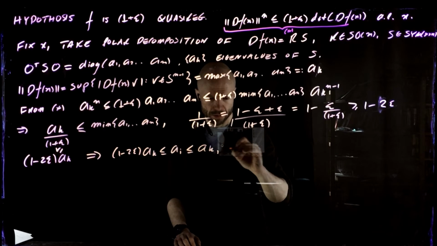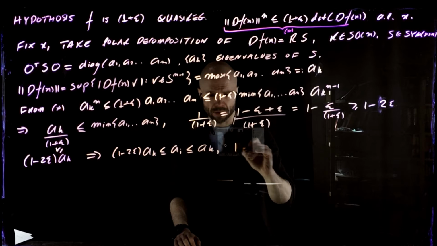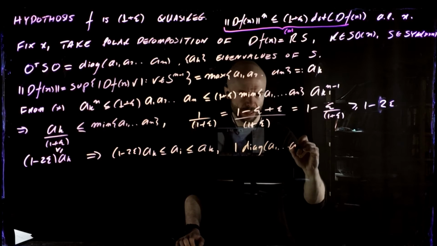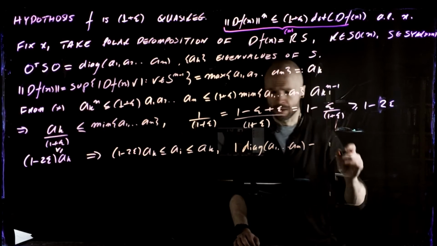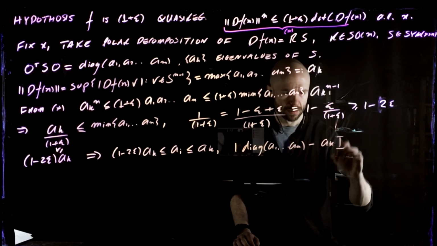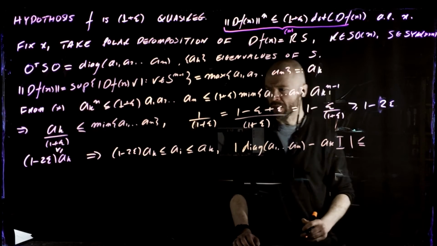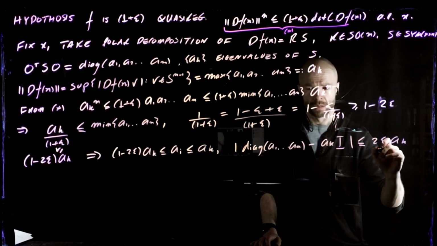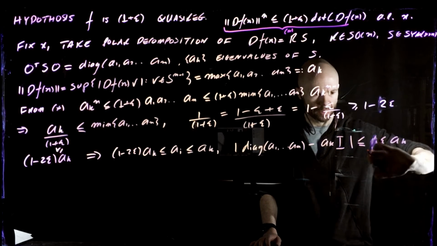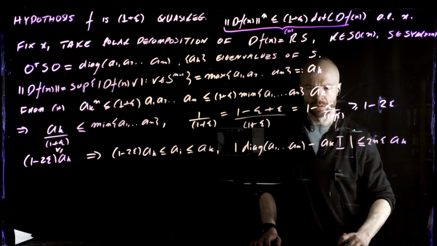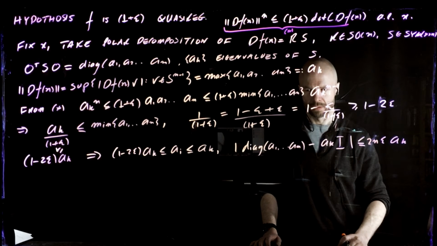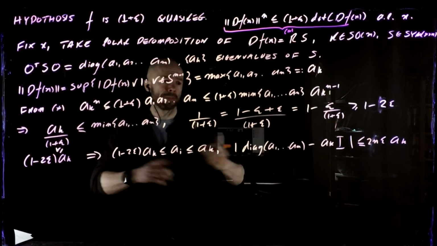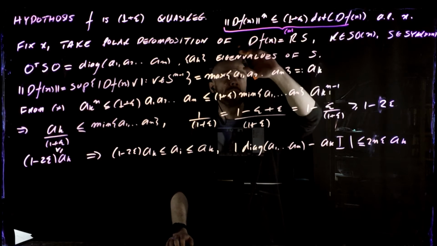That means that the distance between this diagonal matrix A1 up to AN and just the identity times AK is less than 2 epsilon AK, maybe with an n here, 2n epsilon AK, because there are n of these guys. Yeah? Cool.